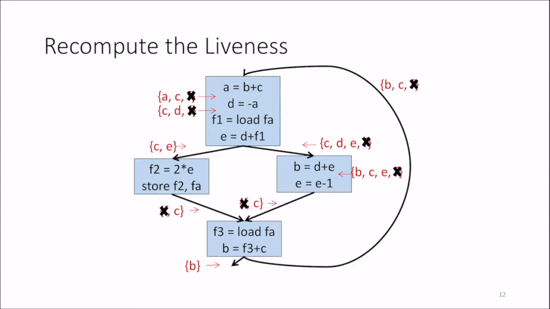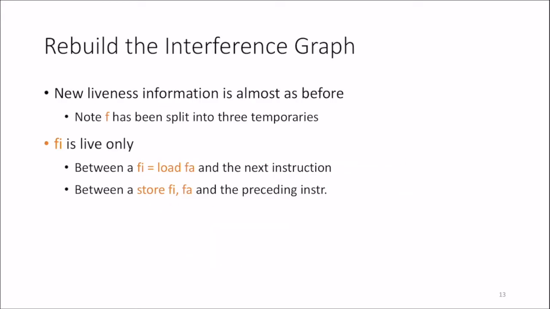So F no longer needs to be alive at the same time as C, D, and E, or B and C, etc. As a result, what we end up with instead of F is using F1 here, F3 here, and F2 here. And notice that those are not the same variable. They're completely different variables. So as a result, their liveness doesn't intersect with each other. So in this case, we rebuilt the interference graph, except that F has been split into these 3 temporary variables or temporary locations.